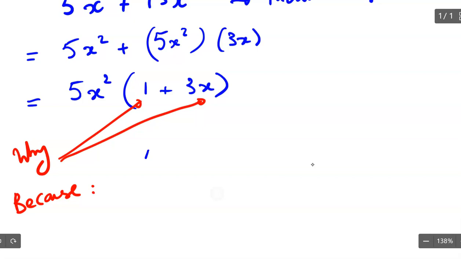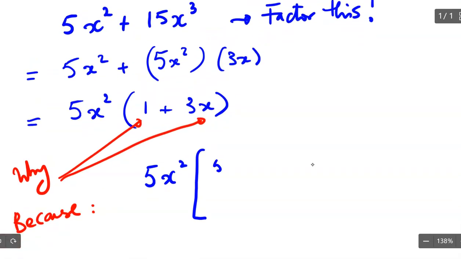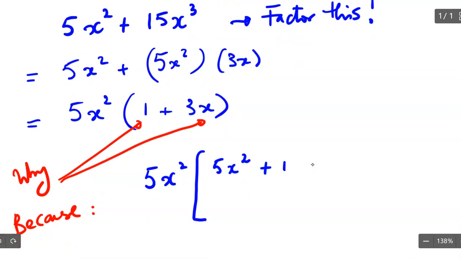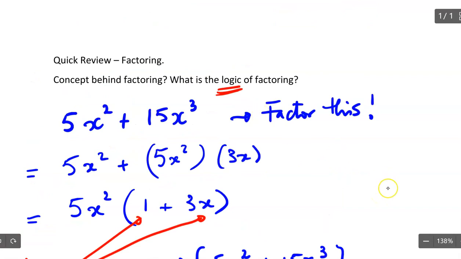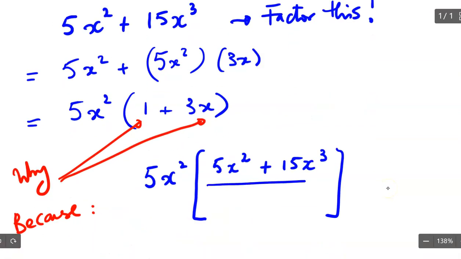You are taking 5x squared and multiplying it with the expression 5x squared plus 15x to the exponent 3. You pull it out of the bracket, which means you multiply. But if you multiply by this expression, the concept, or logic, of factoring is that when you multiply, you need to divide.